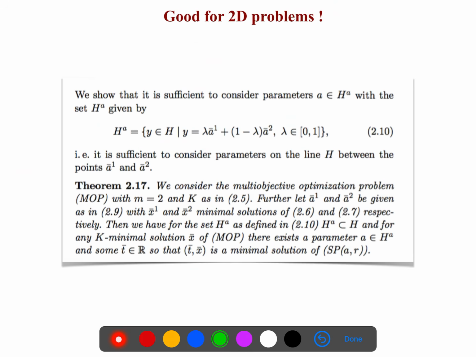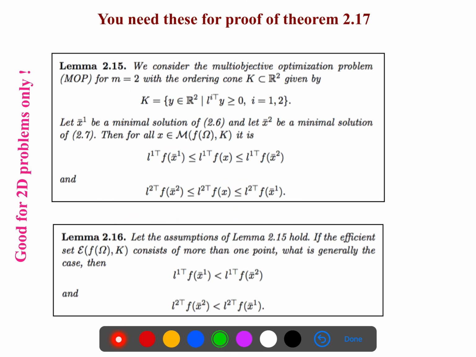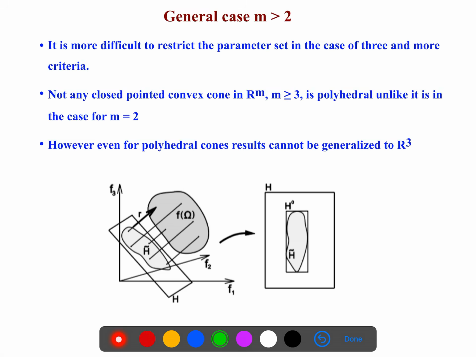And for 2D, as I said, you can also find the bounds, which we obviously cannot do as easily in 3D. How can you find some bounds very easily?